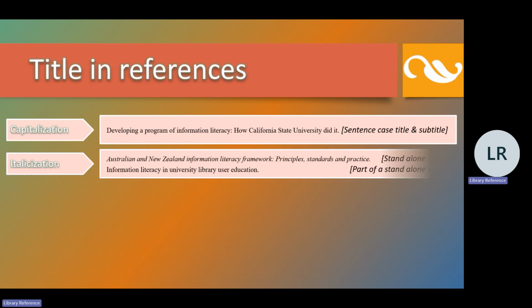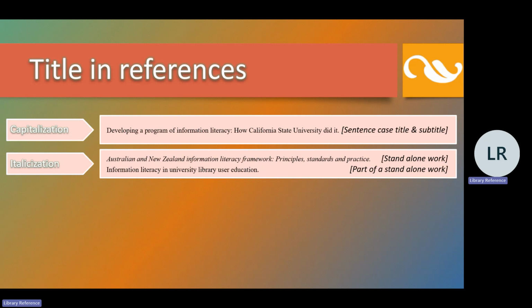Second thing that we need to pay attention to, should we italicize the title or not? In some cases, titles should be italicized, and in some others, they shouldn't. The case when a source title should be in italics is if we are citing a standalone work, like a book, a journal, a web page.